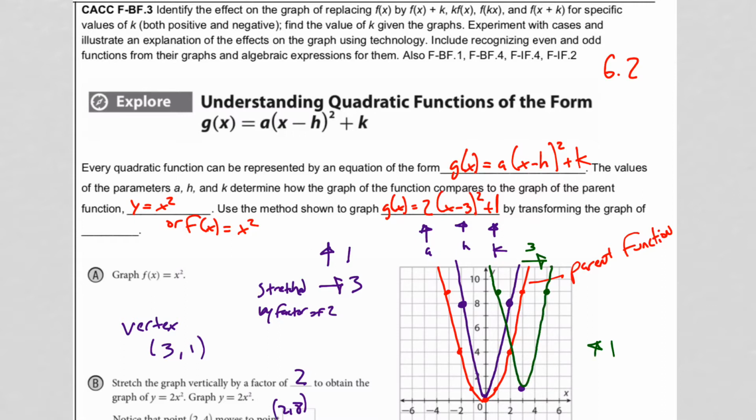So this is to indicate, I know there's a lot going on here, that it's been stretched and then it's been moved to the right 3 and up 1. So this graph here in green represents 2 times x minus 3 squared plus 1.